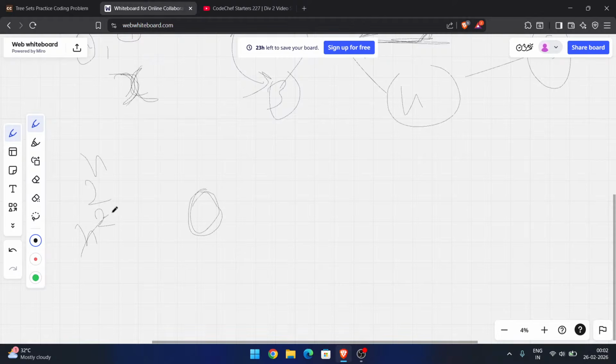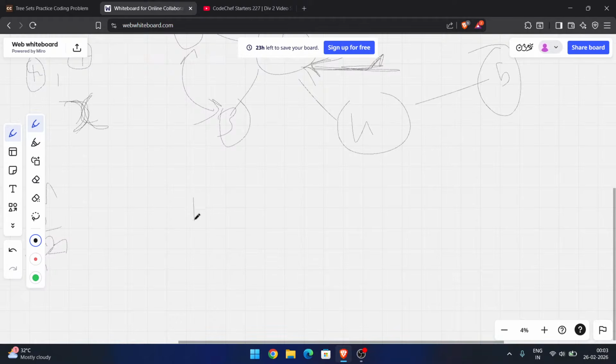So this is not possible. Instead, let's see it the way we saw the earlier program. Let's try to say whether this X is contributing towards the answer or not.